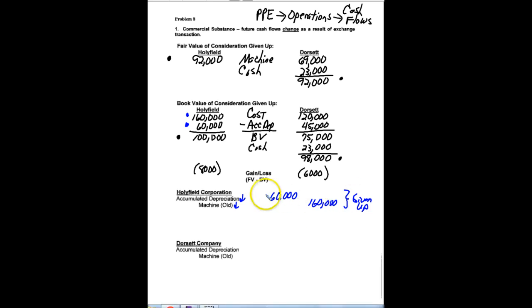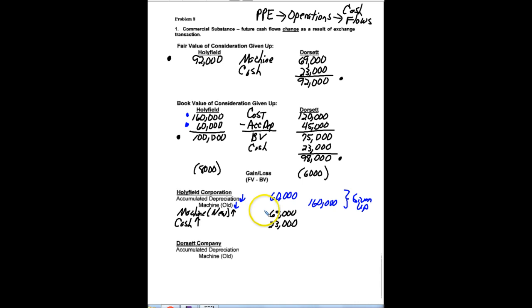Now let's record what they have received. They're also going to receive a new machine from Dorset. So they have a new machine coming in, and it has a fair value of $69,000. And they're also going to get cash of $23,000.